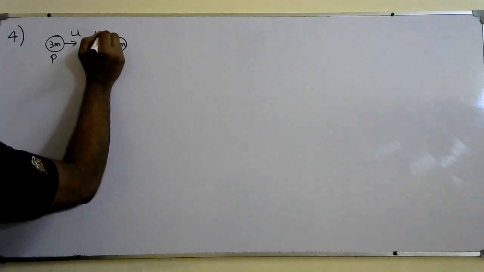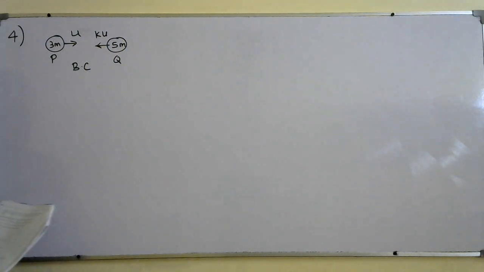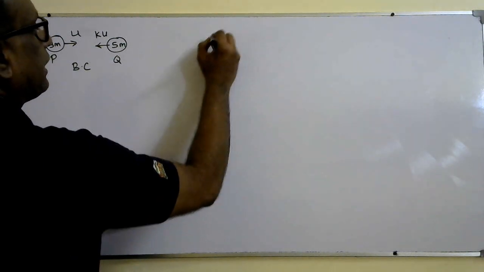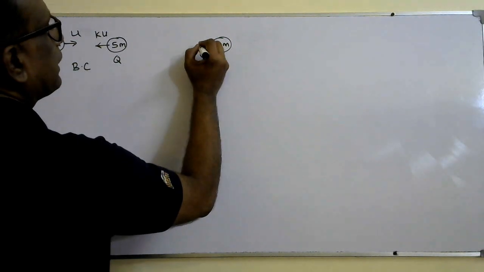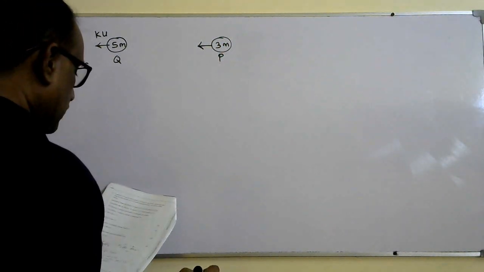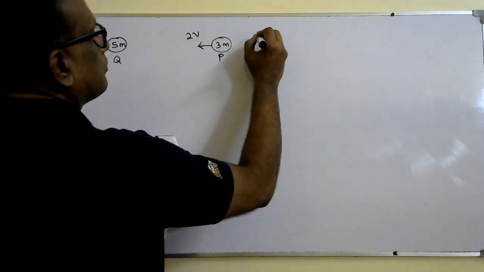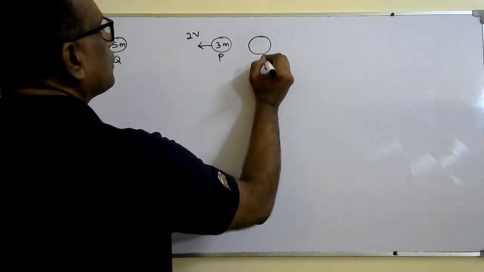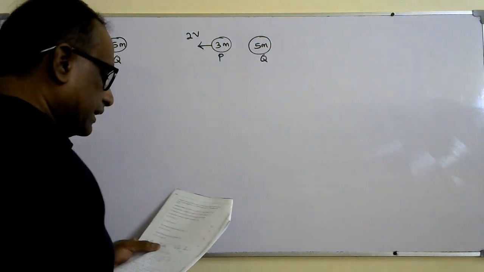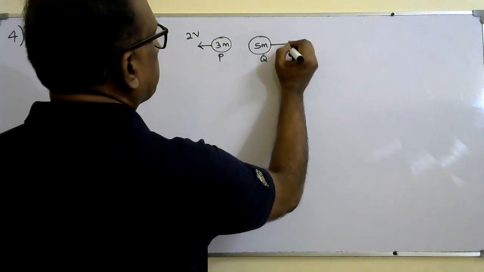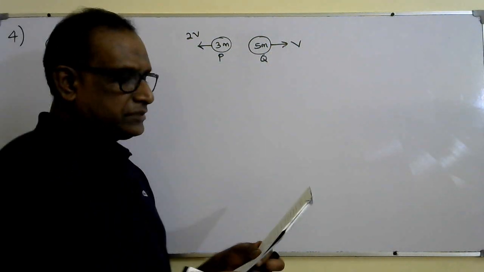This is before collision. After collision they are reversed. So P, which has mass 3m, becomes 2v, and Q, which has mass 5m, becomes v. So the direction of motion of each particle is reversed.